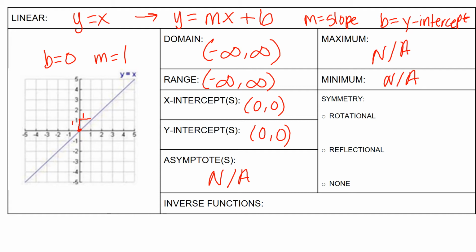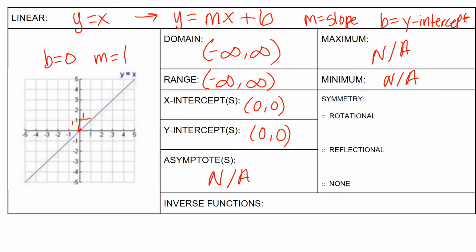What type of symmetry is this? It's rotational. If you take your paper and turn it upside down right now, would it still look like an increasing line? It does. Because for rotation, it goes through the origin. Does it go through the origin? Yes.